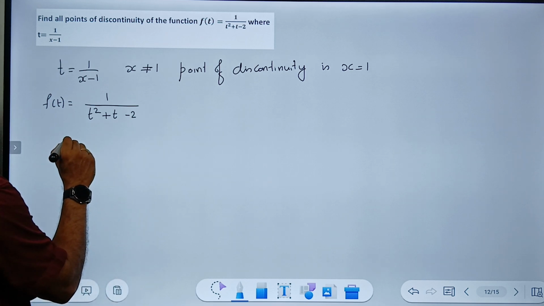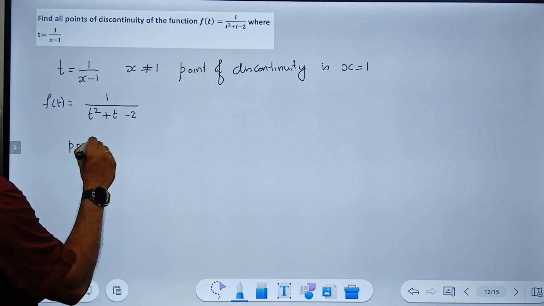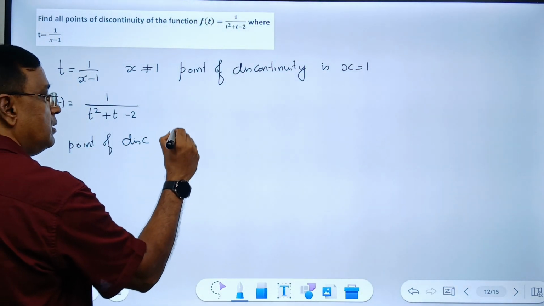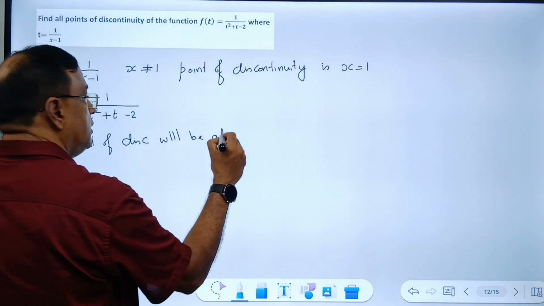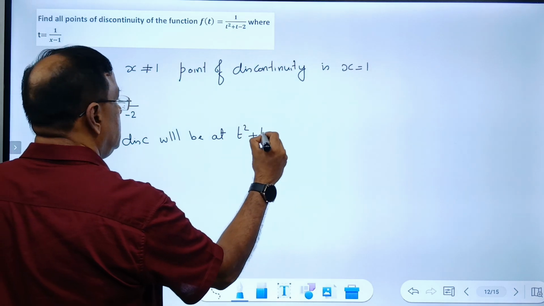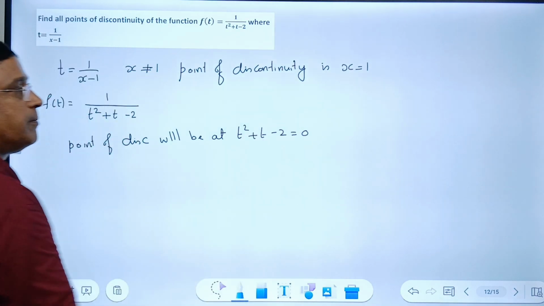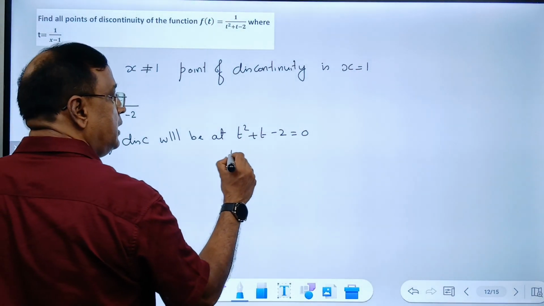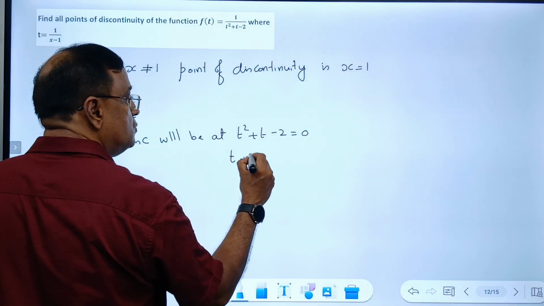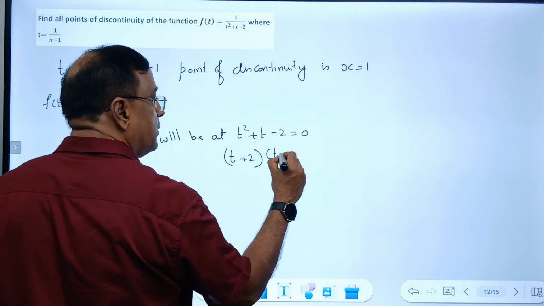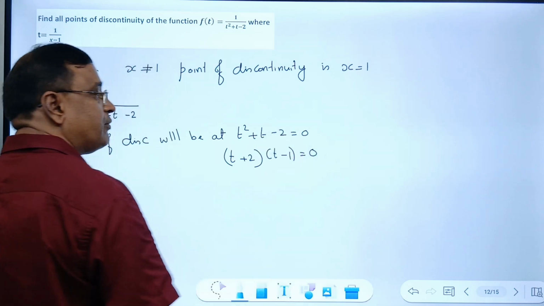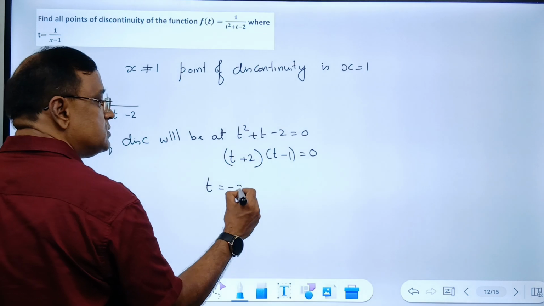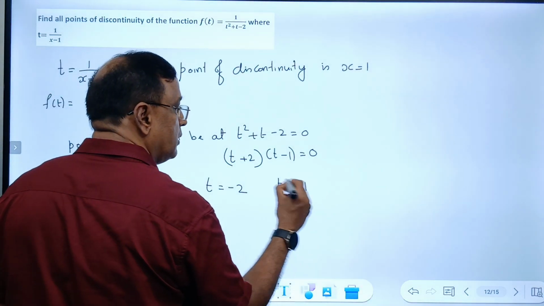So the point of discontinuity will be at t square plus t minus 2 is 0. So what is t square plus t minus 2? It is t plus 2 into t minus 1 equal to 0 by factorizing it. So what do I get from this? T equal to minus 2 and t equal to 1.